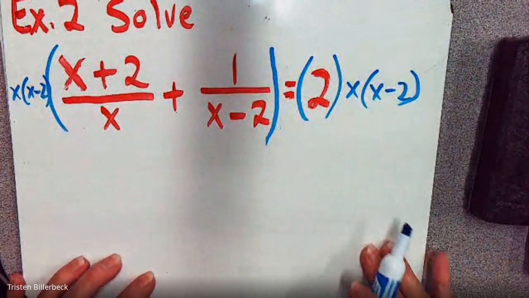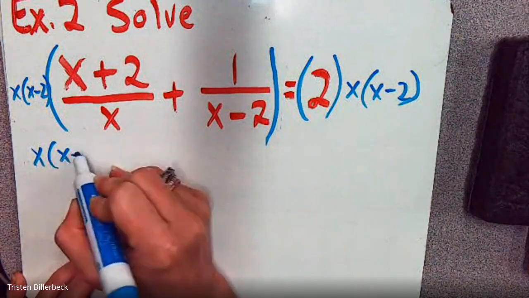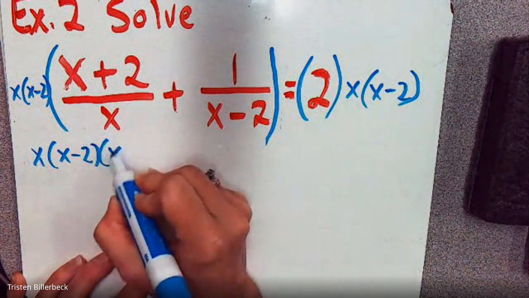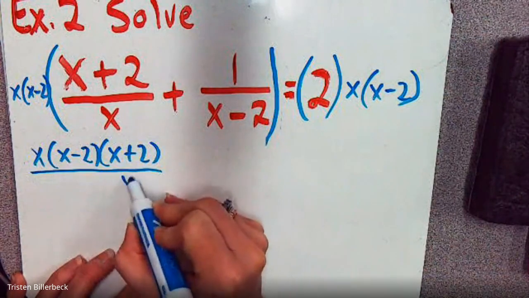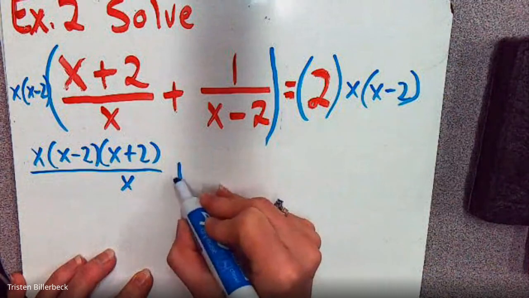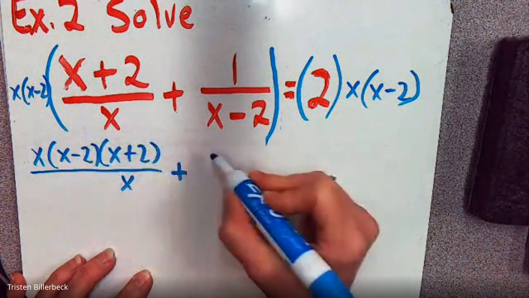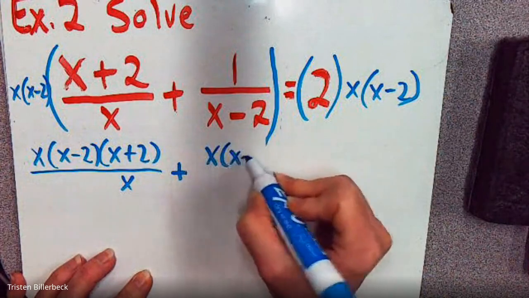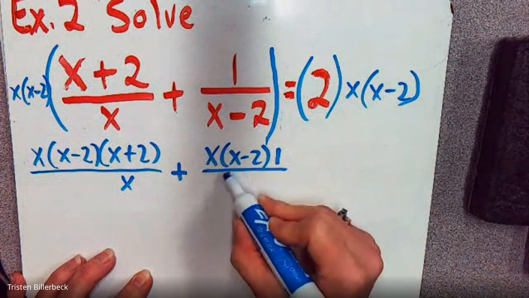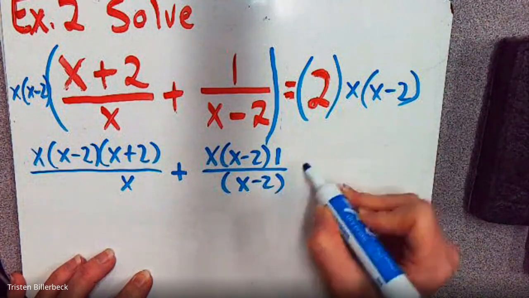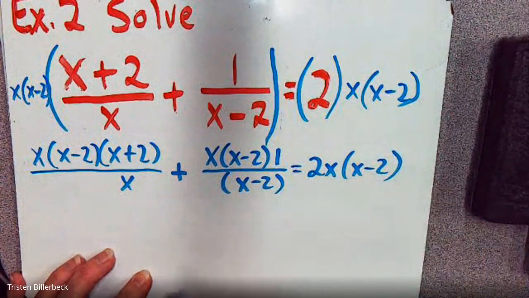Okay, so now I write out what I have just done, x minus 2, x plus 2, and that's going to be over x. And then I have plus x times x minus 2, and then I have the 1 over x minus 2, and this one's 2x times x minus 2.